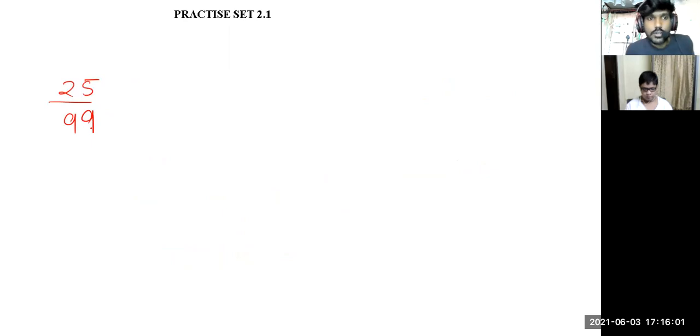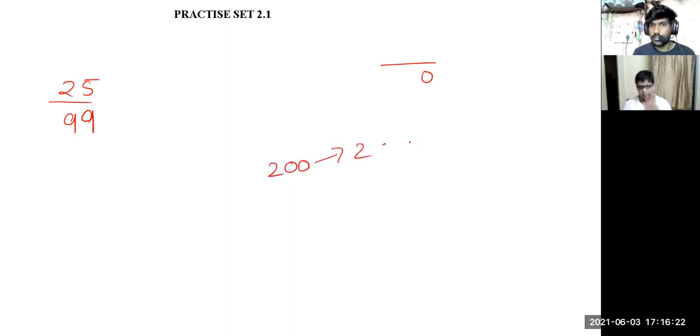Now, if you note one thing, if the denominator is a multiple of 10, 100 or something like that. For example, 200 is a multiple of 100 because it can be written as 2 into 100.